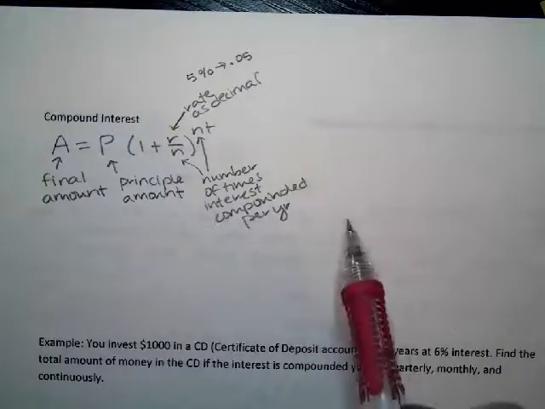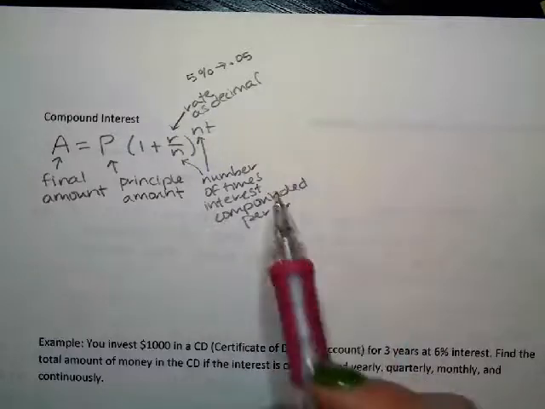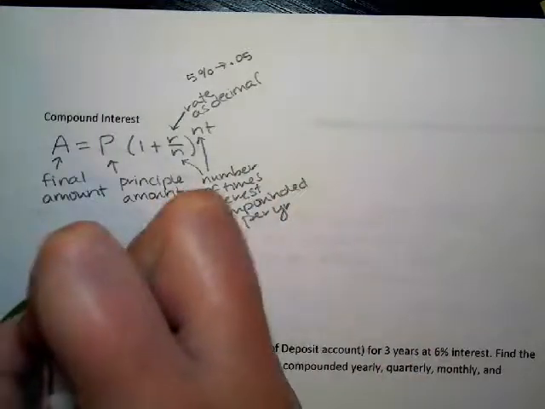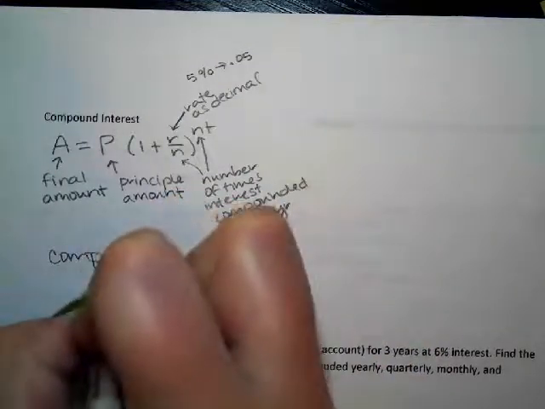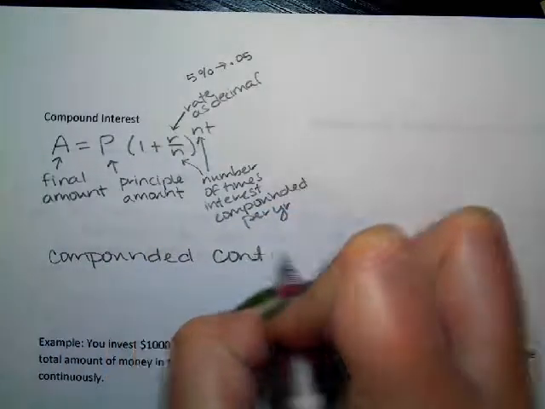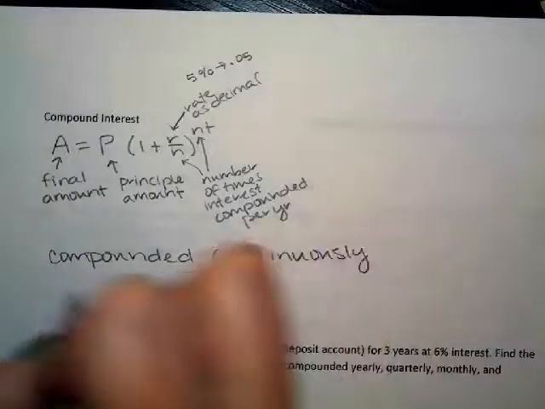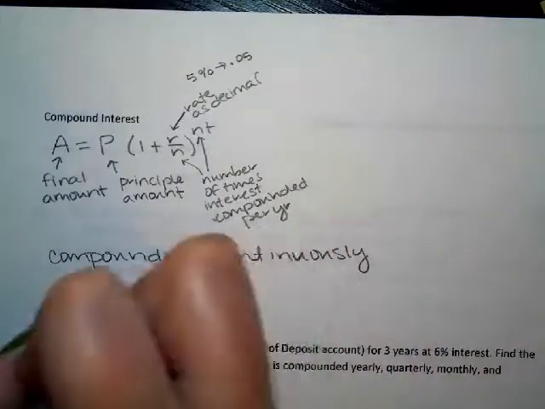And then we have the compounded continuously formula, which is A or Y. Again, it doesn't really matter. Most people say Y. Y equals P e to the rt. PERT.